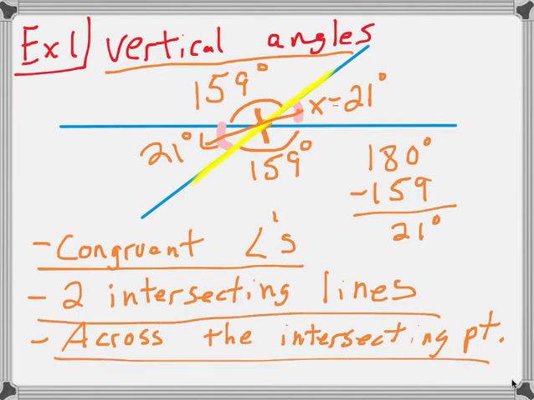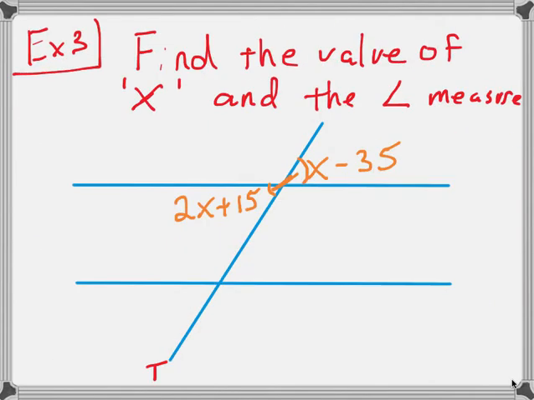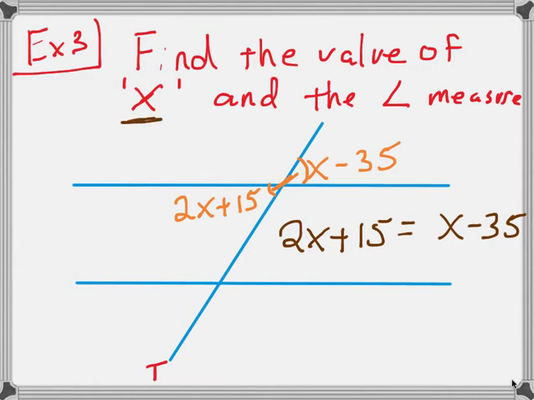They're the same size. And since they're vertical, I'm going to write these expressions and set them equal to each other. Since they're the same size, that's what one would do. So I have x minus 35 over here. Now we're going to be able to solve for x.